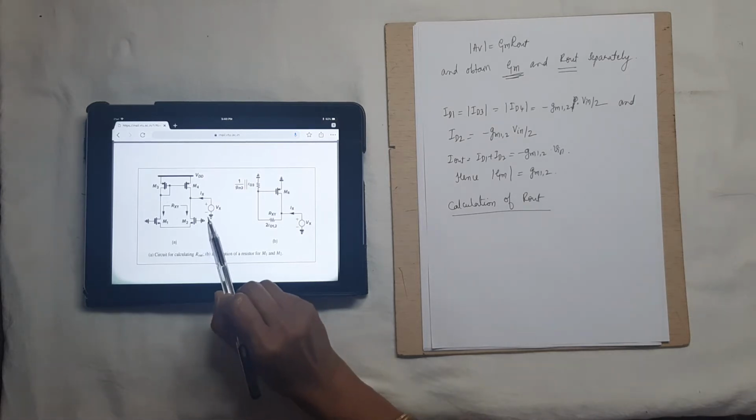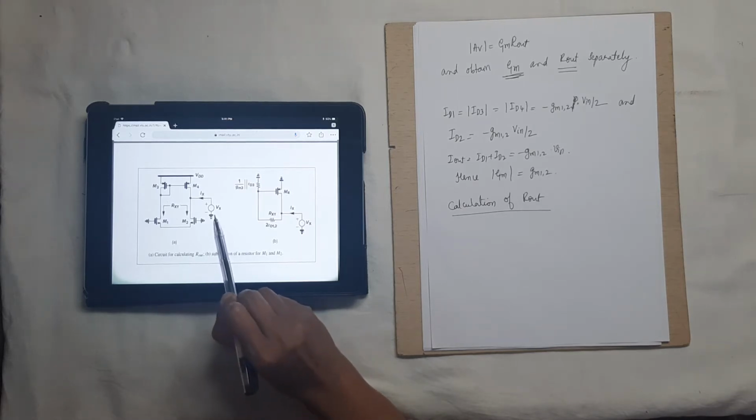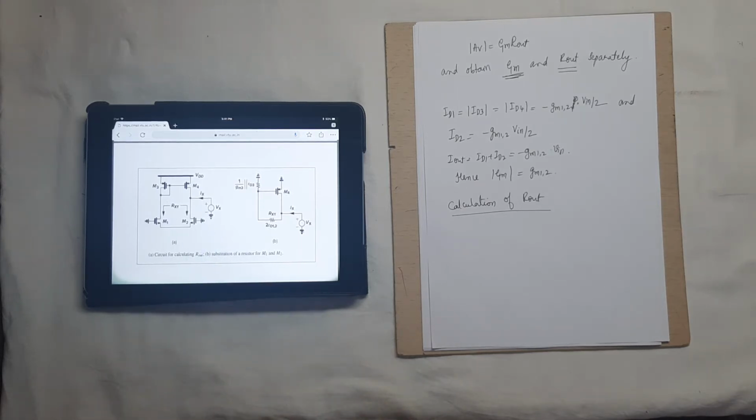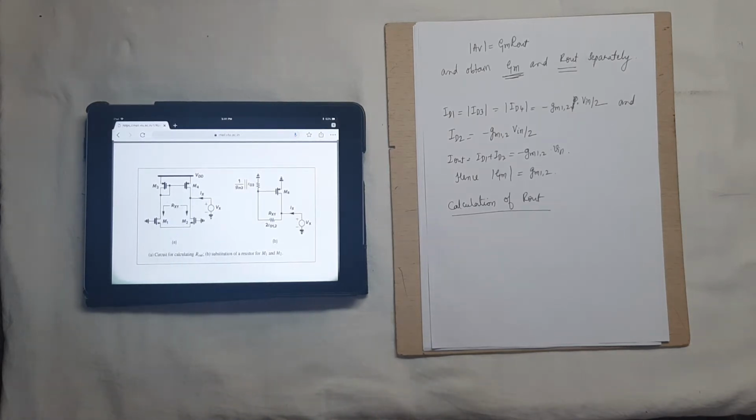For measuring the Rout, we are applying the voltage Vx, and because of Vx, Ix is the current flowing. So when this voltage is applied to measure Rout, the gate voltage of this particular M4 transistor does not remain constant, rather it changes.